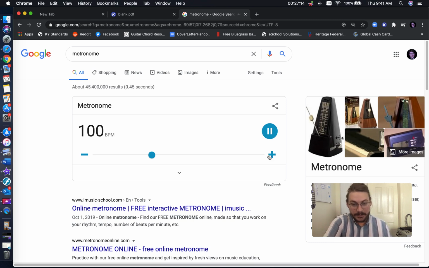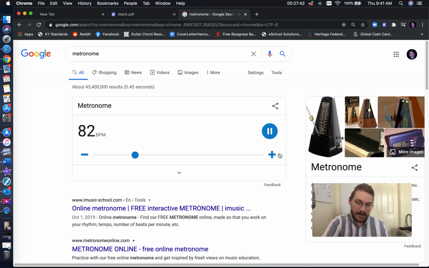You can increase the speed here. And you can decrease the speed. BPM means beats per minute.